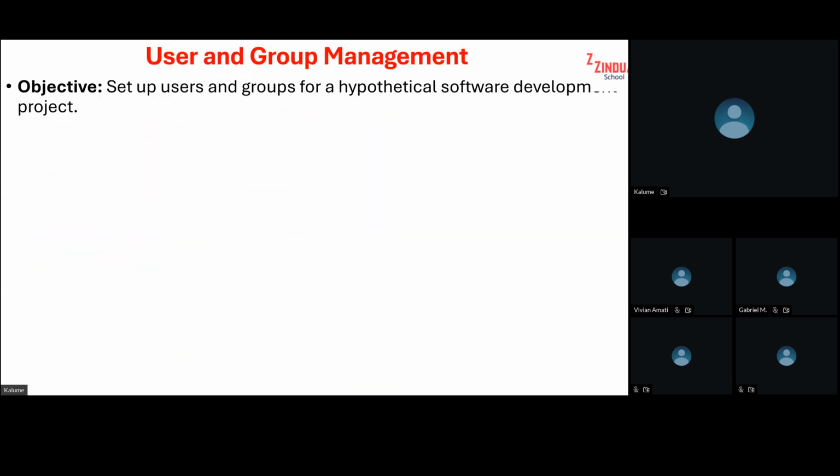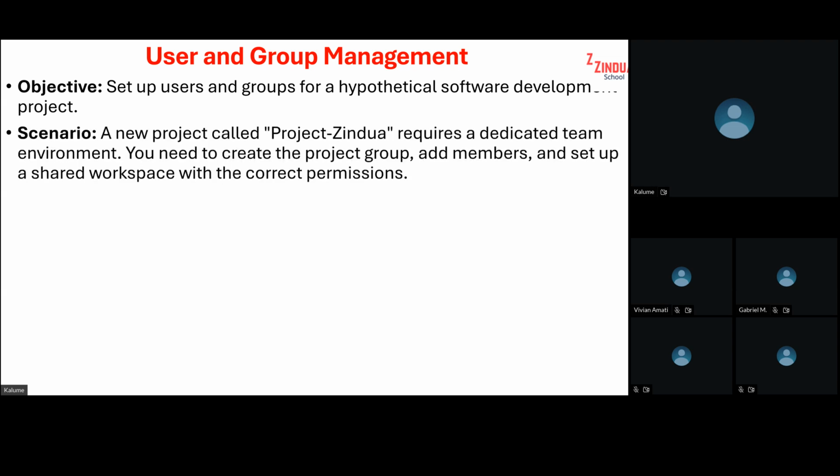So the next thing is user and group management. The objective is to set up users and groups for a hypothetical software development team or development project. Then from there, you can have the scenario. A new project called Project Zindua requires a dedicated team environment. Maybe the environment is on a Linux server. So you need to create a project group, members, and set up a shared workspace with the correct permissions.